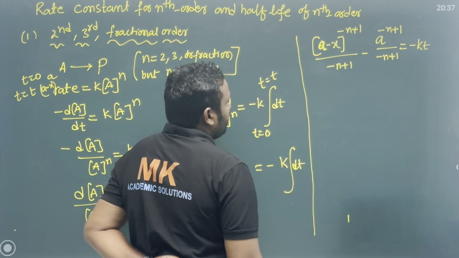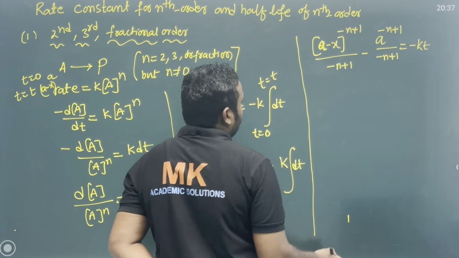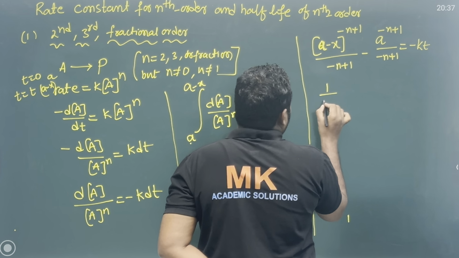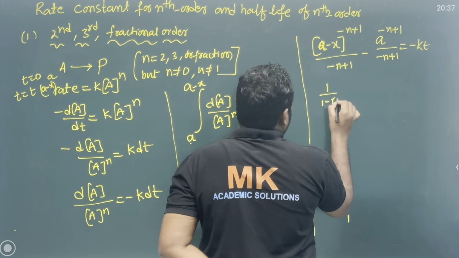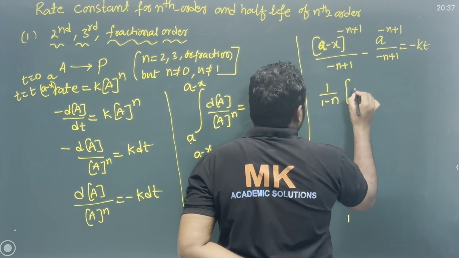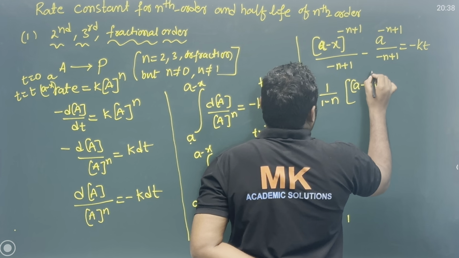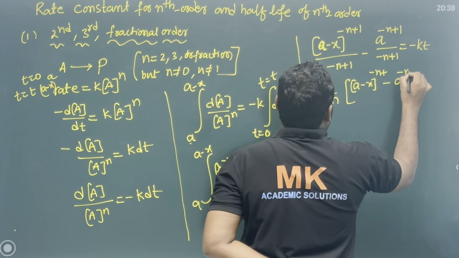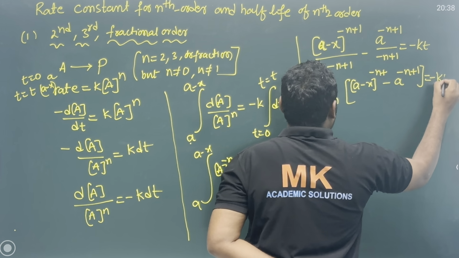Now here minus n plus 1 you can take common, so it will become 1 by 1 minus n into (a minus x) power minus n plus 1 minus a power minus n plus 1, that is equal to minus kt.